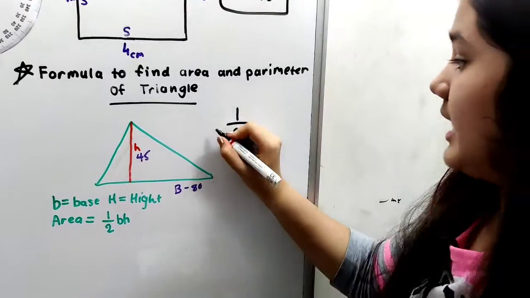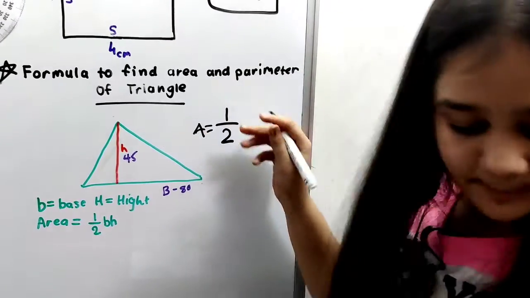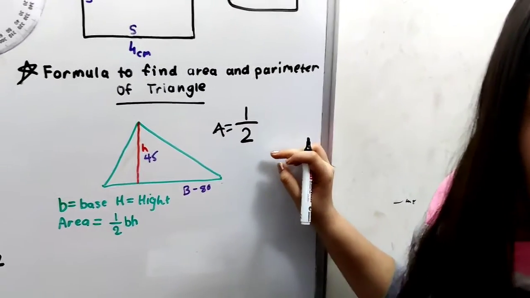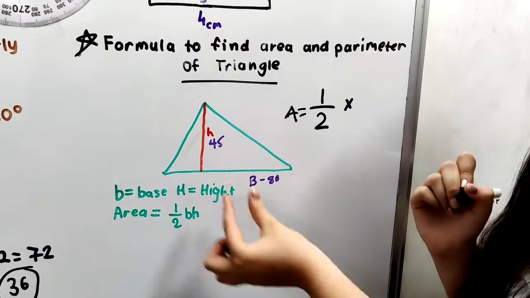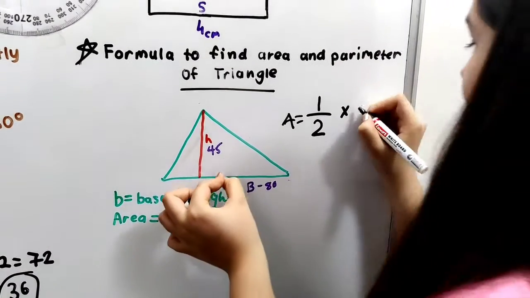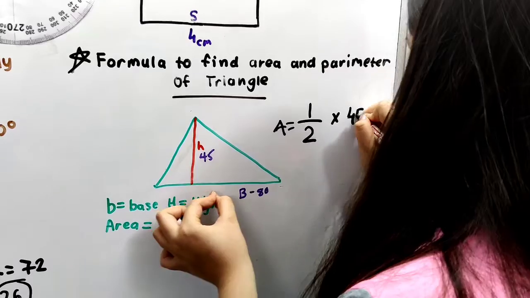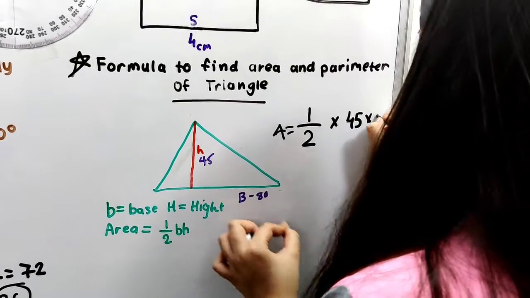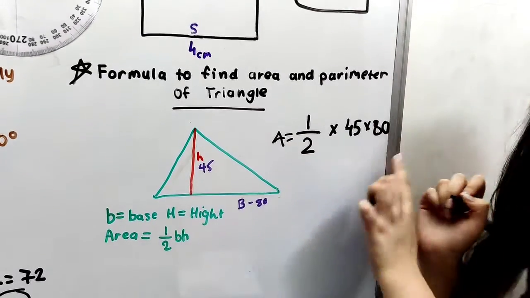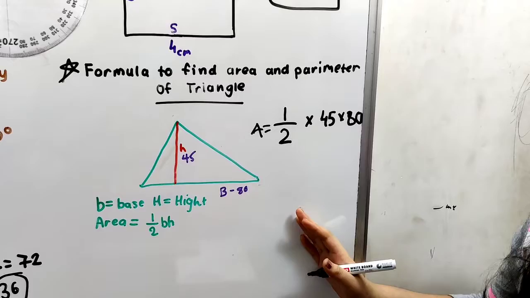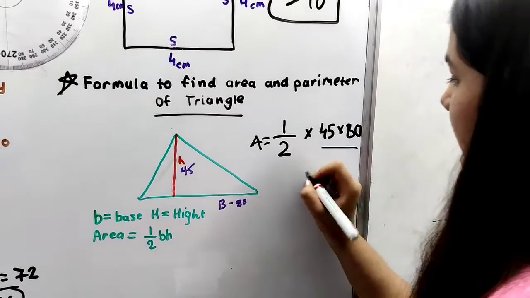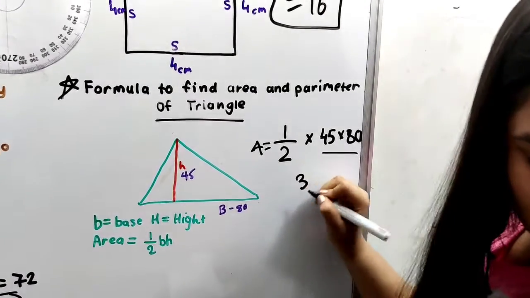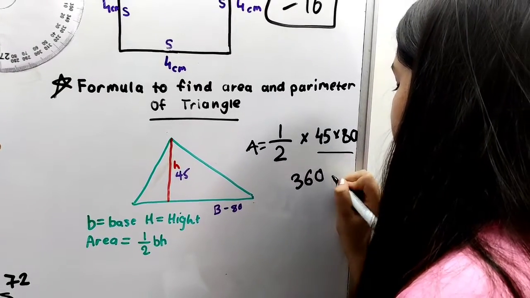So area is equal to 1 by 2 into the base and the height. So our height is 45 and our base is 80. Okay, so we need to do this. When you multiply by this amount, we get 3600.